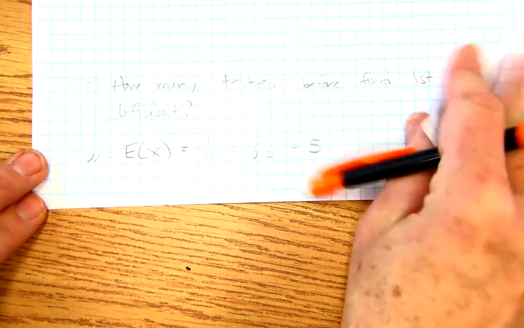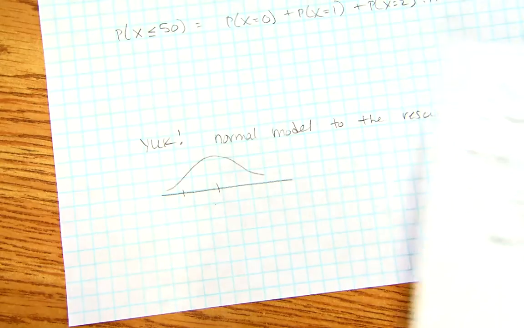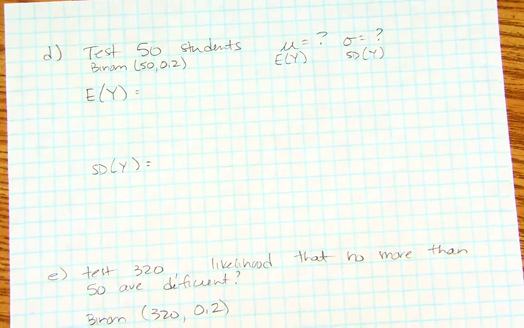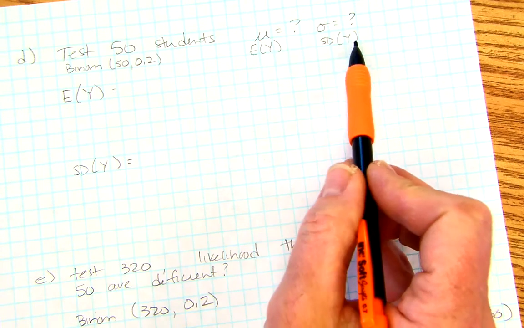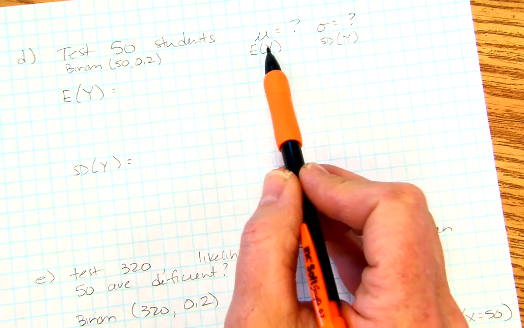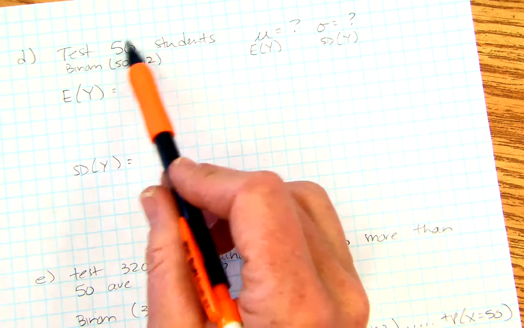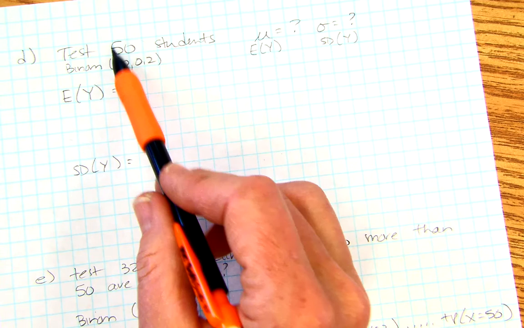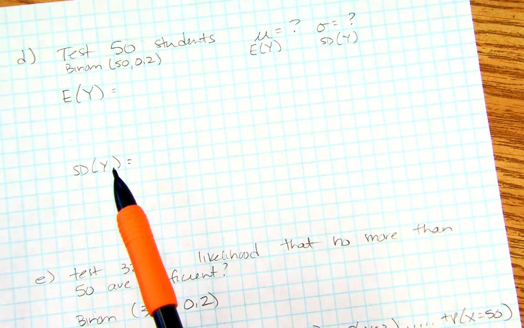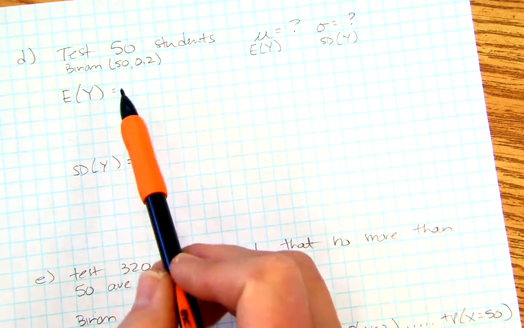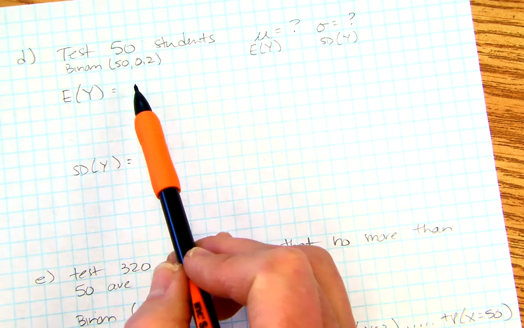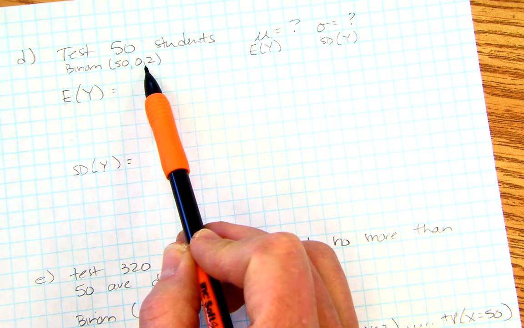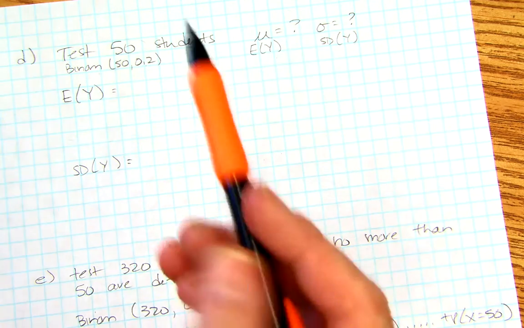Okay, the next involves some binomial questions. So D says, okay, we're going to test 50 students. What would be the mean and the standard deviation? So I'm going to use Y here, Y being the number of children who are deficient out of 50. So it's a binomial model because we have a specific number of trials with a success rate of 20%.